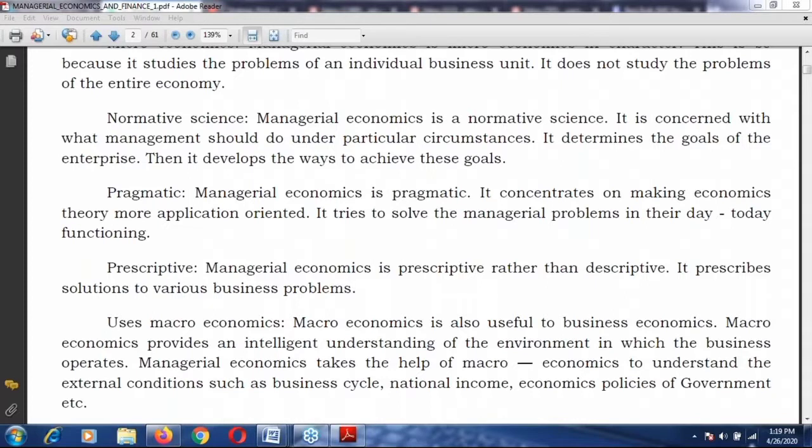Then there is also a relationship between managerial economics and accounting. Accounting is closely related to managerial economics because it is the main source of data regarding the operations and functioning of the firm.